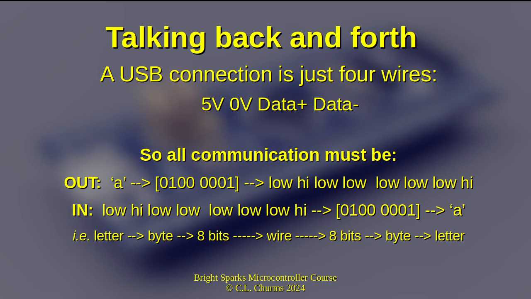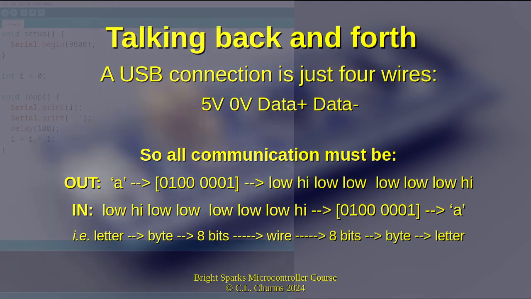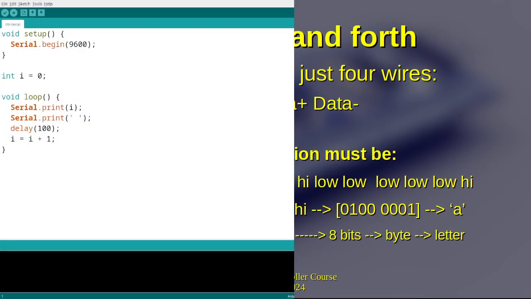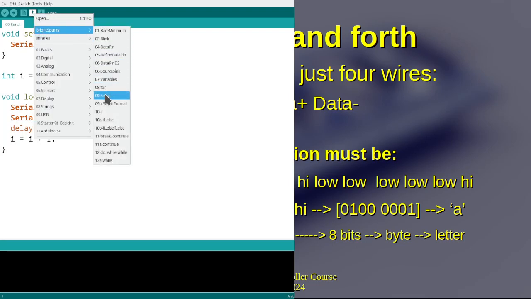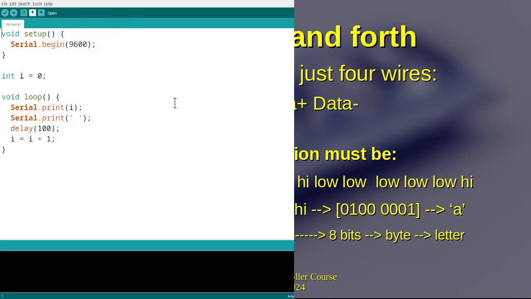Right, so let's have a look at how we do that inside the Arduino program. Okay, so we load 09 BrightSparks 09 serial. Okay, and there's our serial example program.